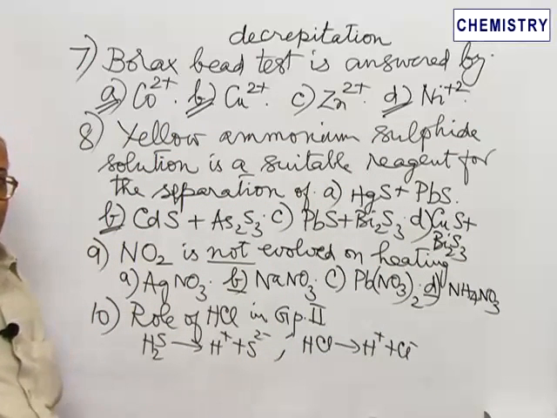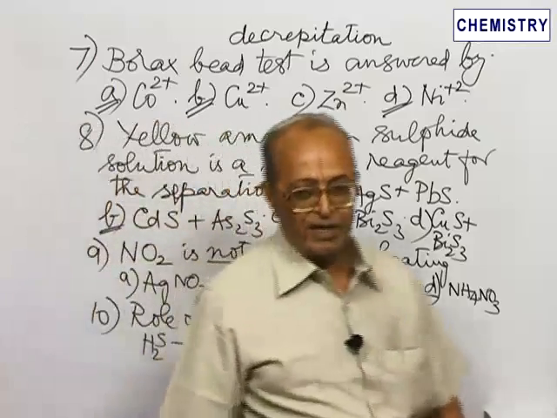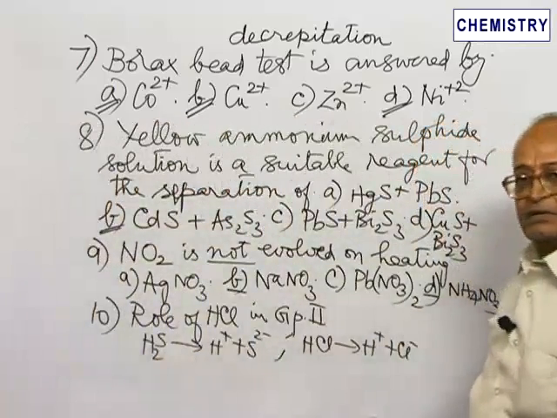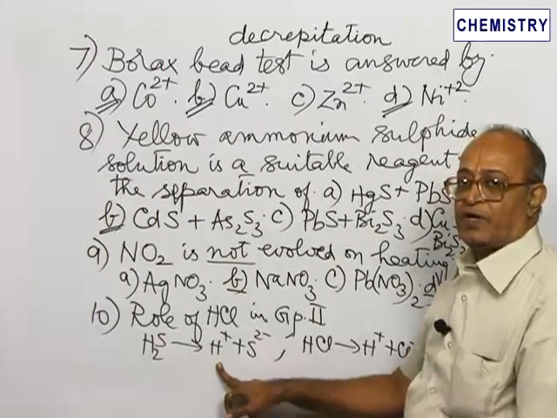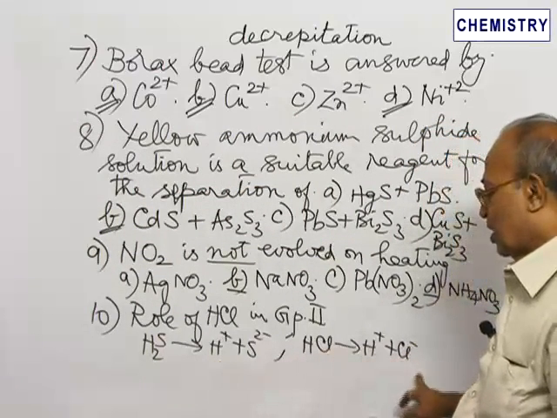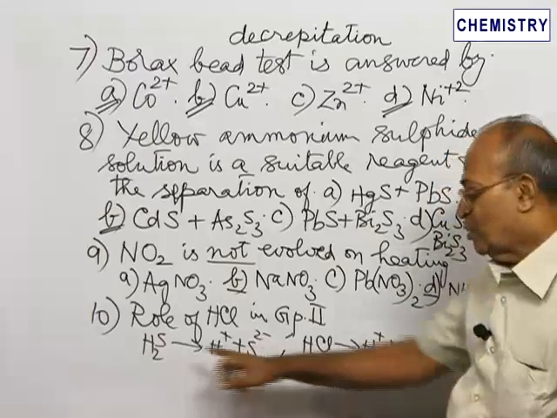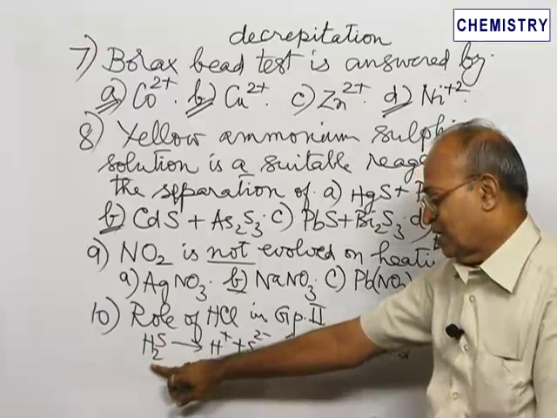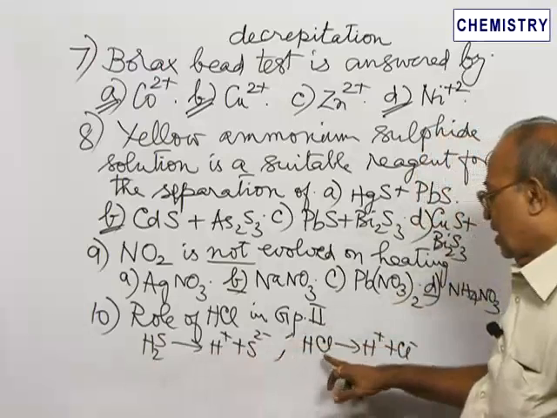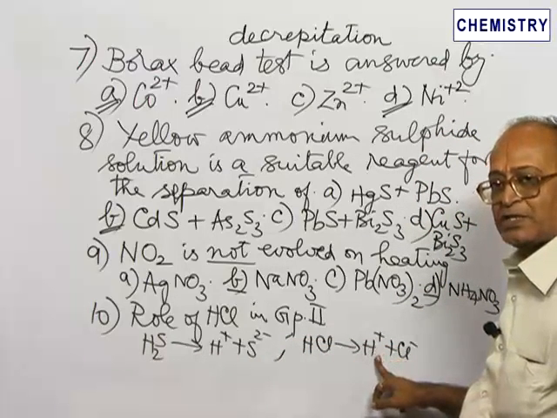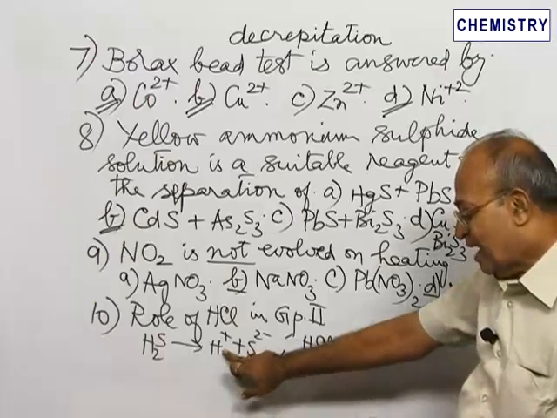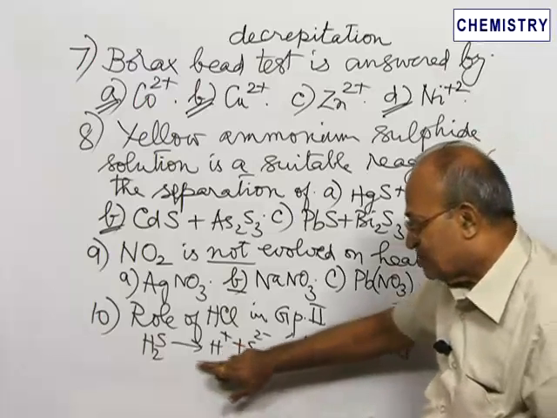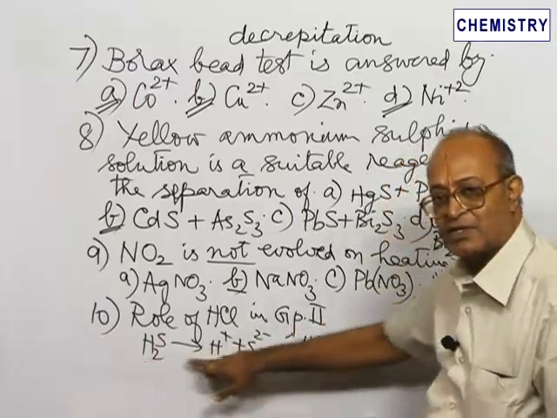Ionization can take place to a small extent or to a greater extent, but here this ionization of course takes place. When you add HCl, it also ionizes, but you can notice on ionization H2S gives H+, HCl also gives H+, and this H+ from HCl reacts with this, and so this backward reaction will take place.